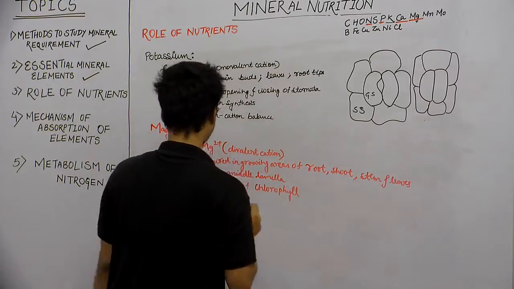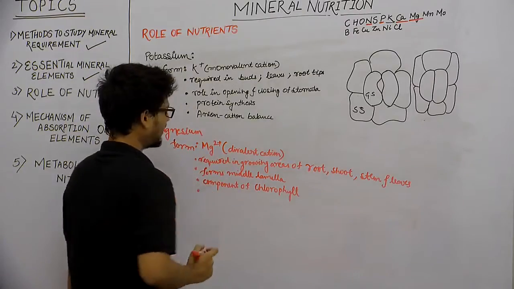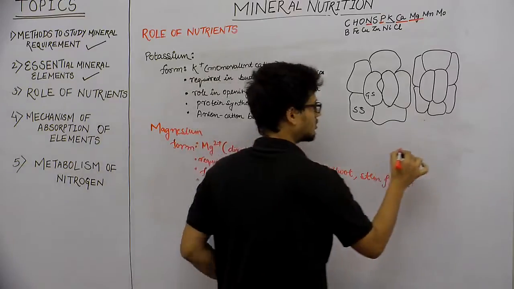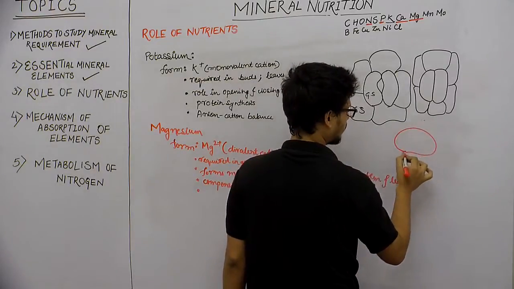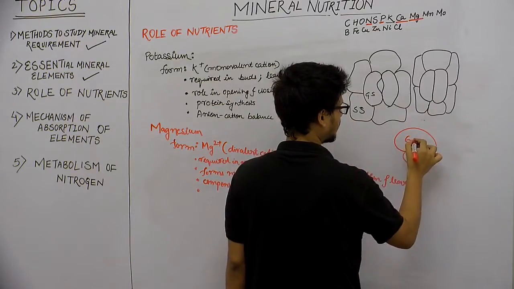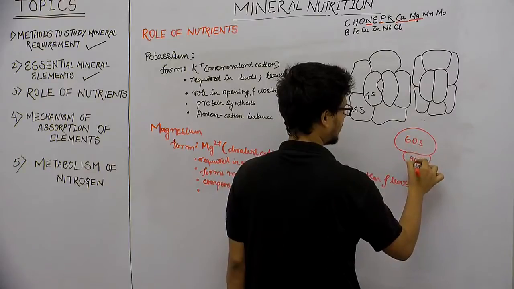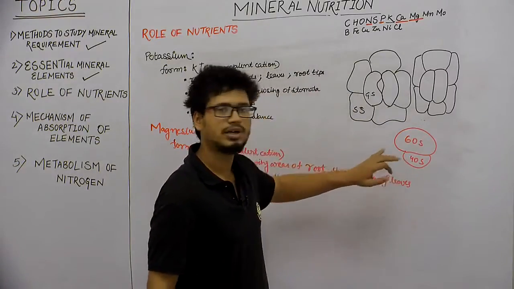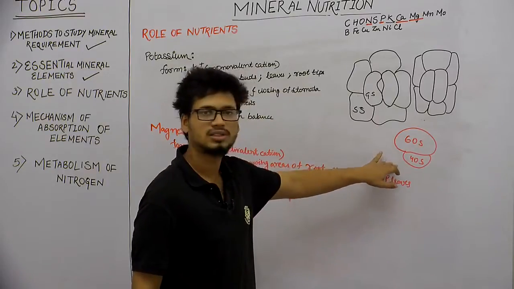Okay. And the third point is it helps in the binding of the two subunits of ribosome. जो ribosome होता है, it has two subunits. Let's say it has one larger subunit, that is 60S, and 40S. The larger subunit is 60S and the 40S subunit is the smaller subunit.